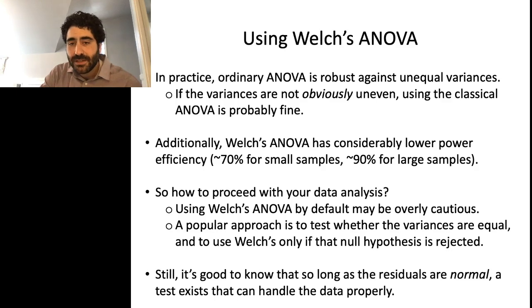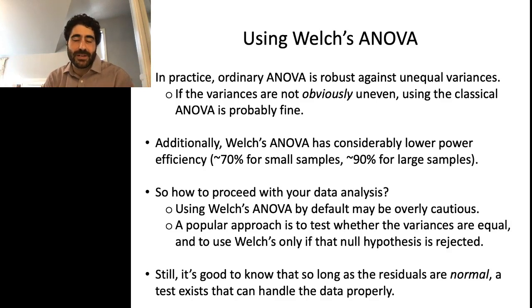Now, one thing to note here is that this Welch's test still assumes that the residuals, meaning the within group distributions, are still normally distributed in the population. So it doesn't deal with that assumption, but it does deal with this variance assumption. One rule of thumb, for example, is if the group with the least variance, so the group that has the narrowest distribution, is at least as wide as a third the size of the widest distribution or something like that, right?